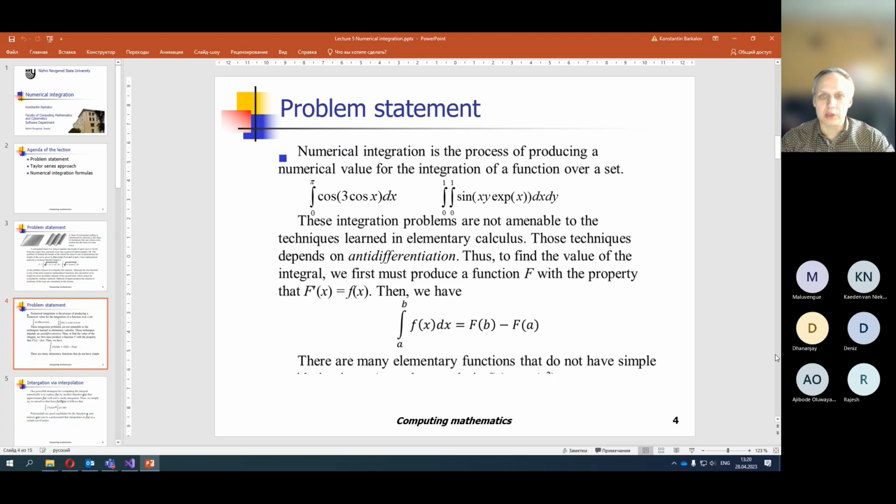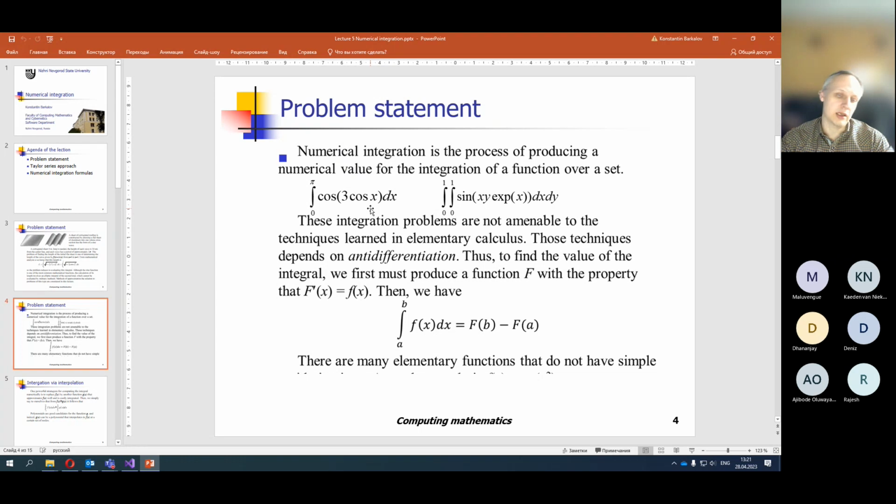So, numerical integration is a process of producing a numerical value for the integral of a function over a closed set. The examples of such integrals are written here. And from mathematical analysis, we know a very simple formula that can give us the exact answer.